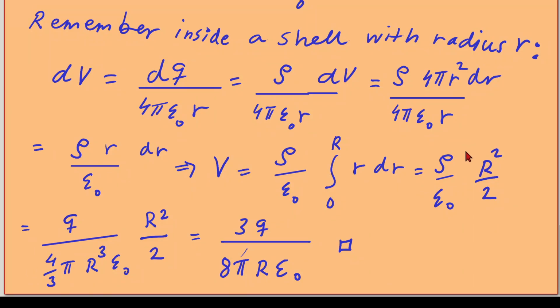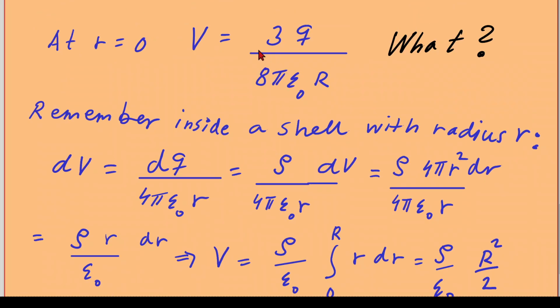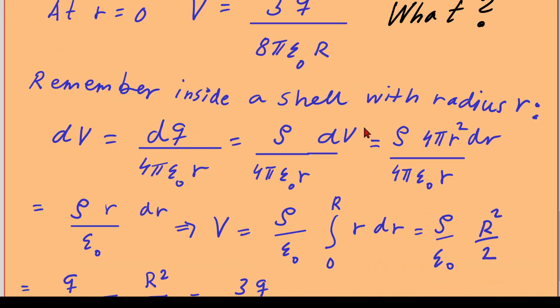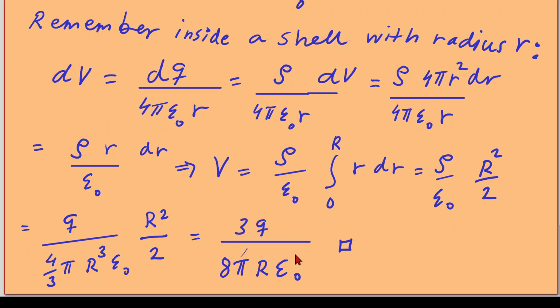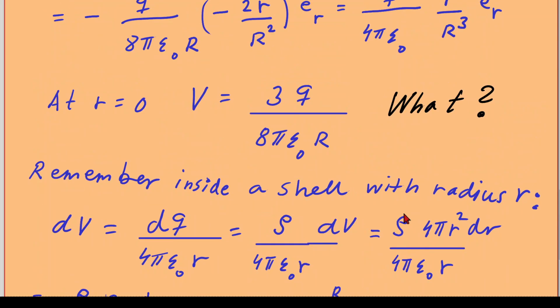And it actually simplifies to this result here, exactly the same as here. So now we found by two different methods the potential at the center, so I guess it must be true.